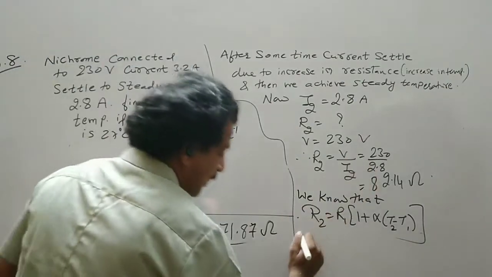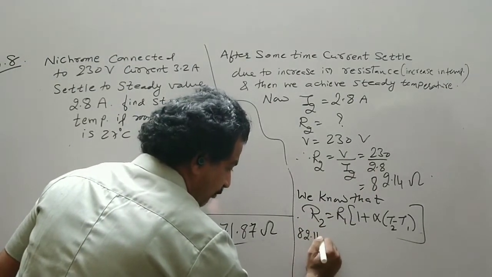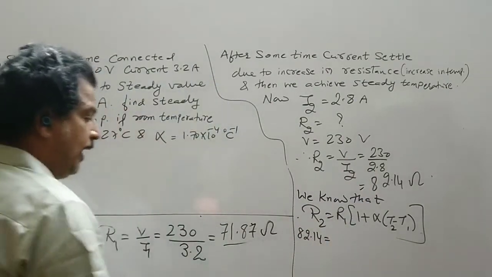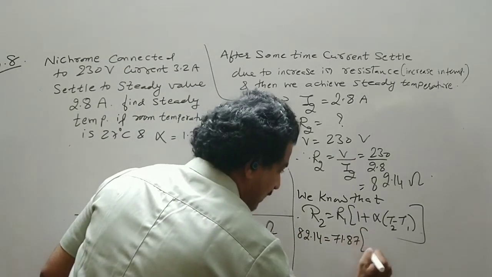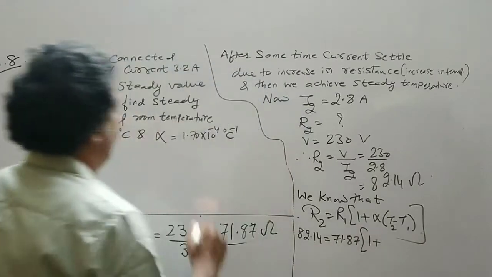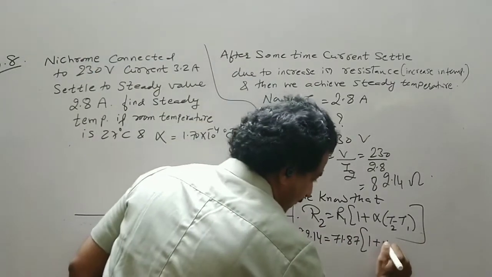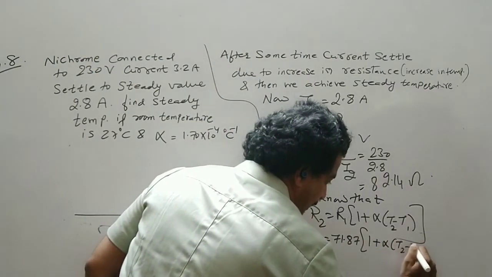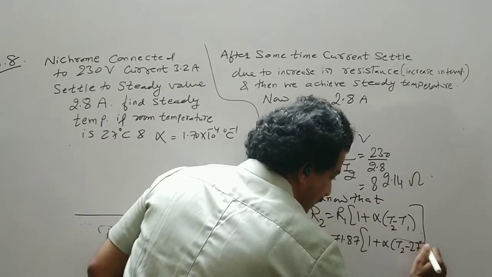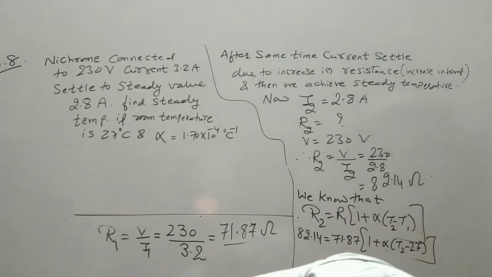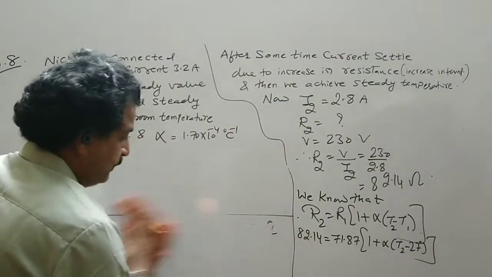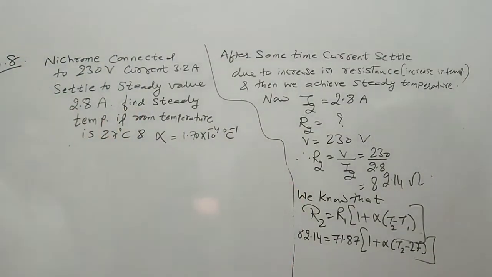So R2, 82.14, is equal to R1, 71.87, within bracket 1 plus alpha. Alpha we will substitute in the end. T2 minus T1, that is 27 degrees centigrade. So we substitute all these values and do the necessary calculation.